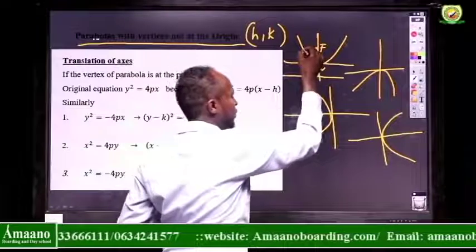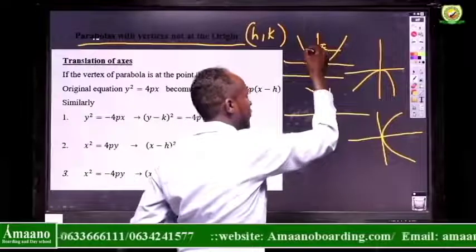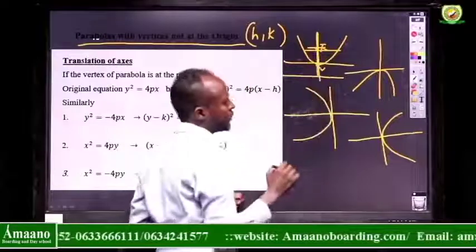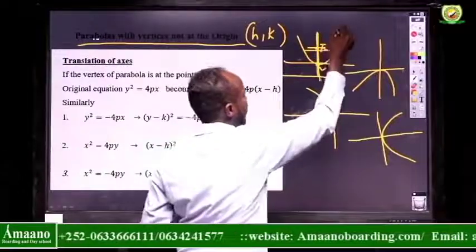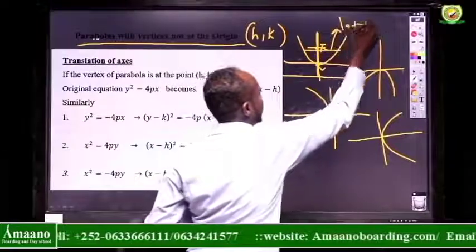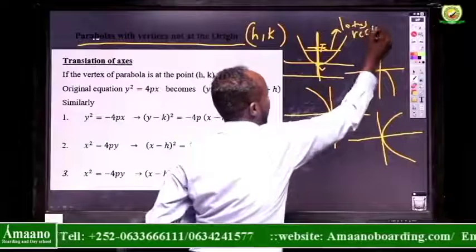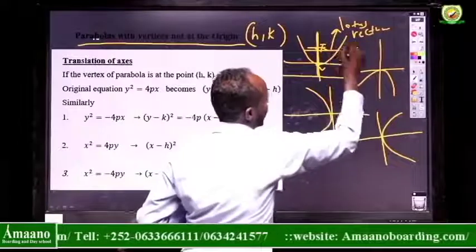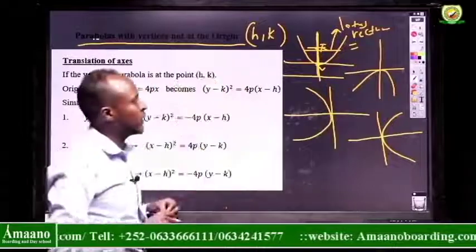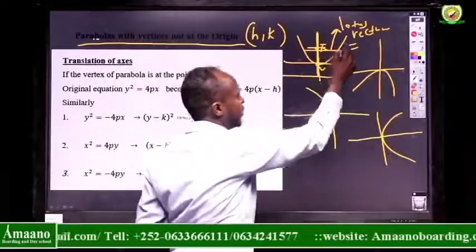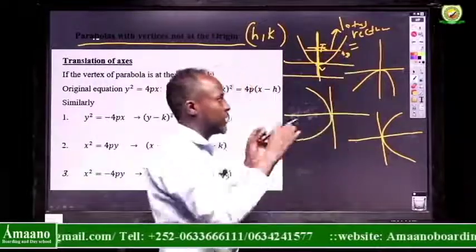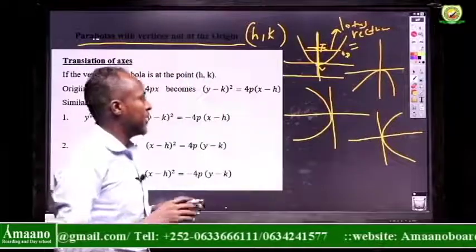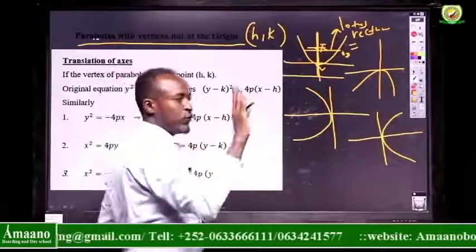A line that passes through the focus and is perpendicular to the axis of symmetry is called the latus rectum, and its length is 4p. Therefore, we have 4 formulas.